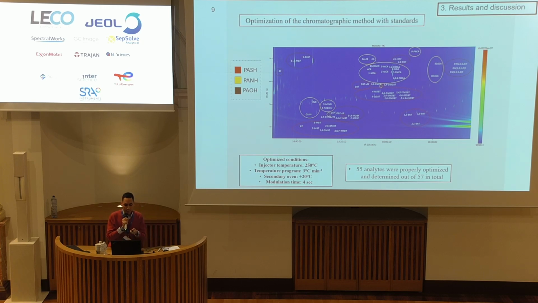Here we have in yellow the nitrogen compounds, and in red the sulfur compounds, and we could see that with the application of the secondary dimension, we were able to separate the classes. In this case, we were able to optimize and determine 55 analytes out of 57. The other two are heavier, so we were not able to detect them in the experiments that we did.